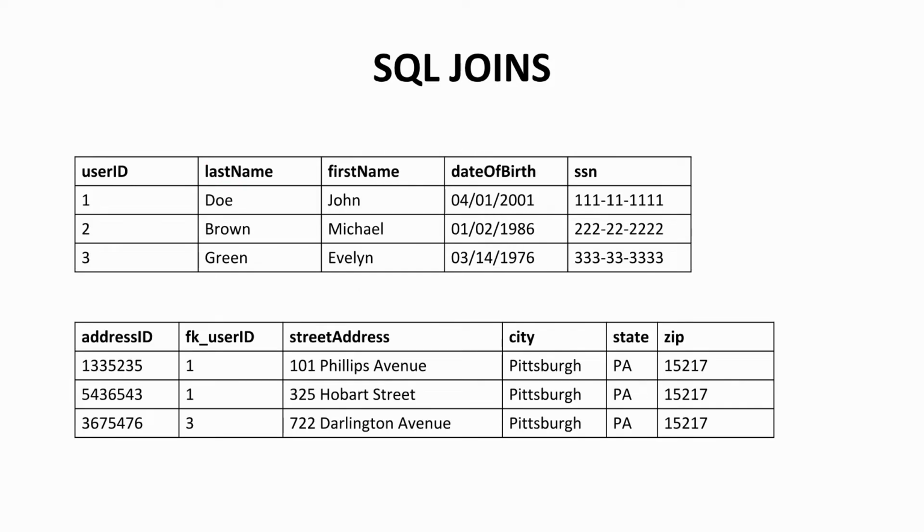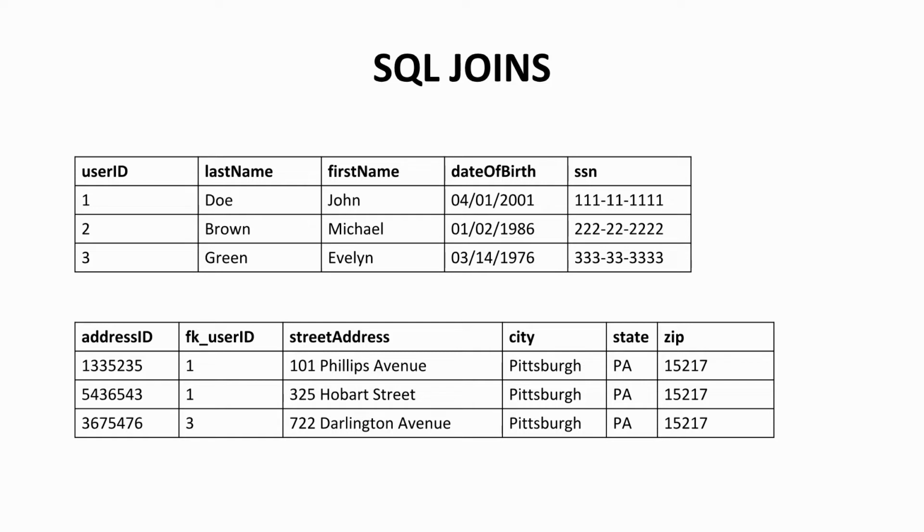Okay, so imagine that my data looks like this. I have two tables. In one table, I have 3 users: Mr. John Doe, Mr. Michael Brown, and Miss Evelyn Green. And in the second table, I have addresses for these people. Mr. John Doe is loaded, owns 2 houses.